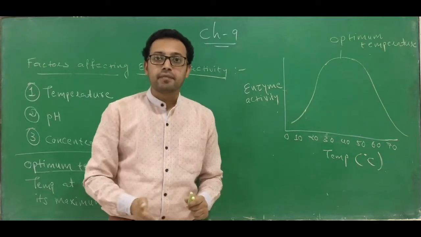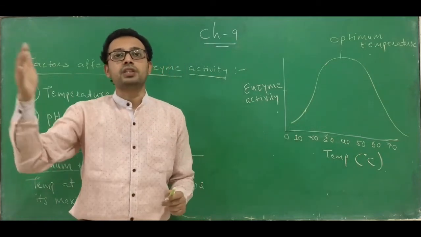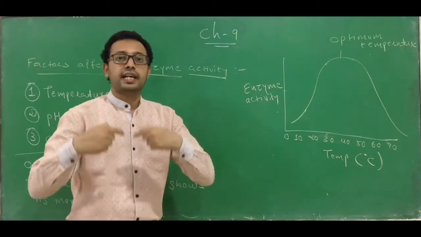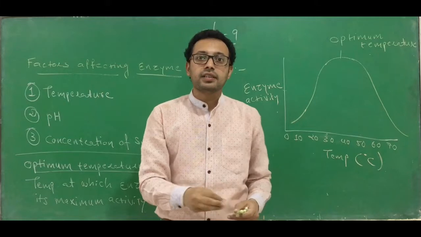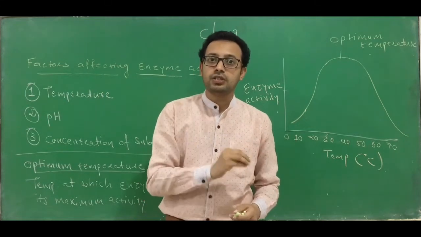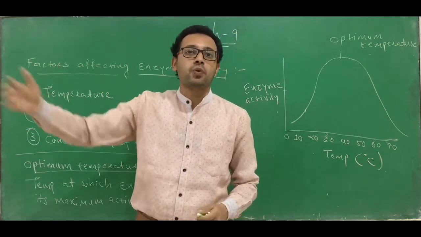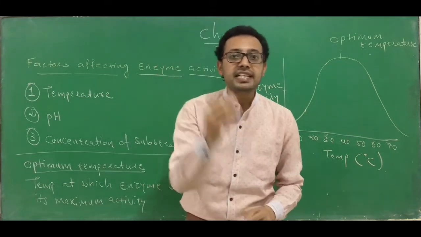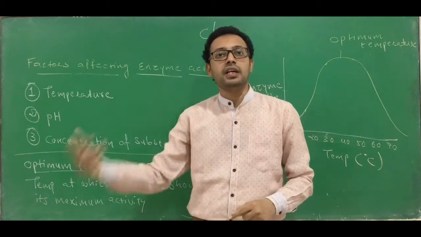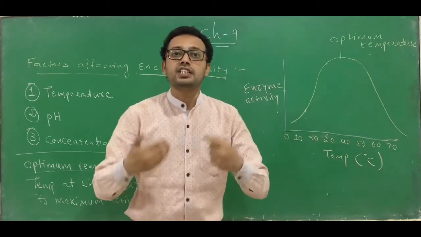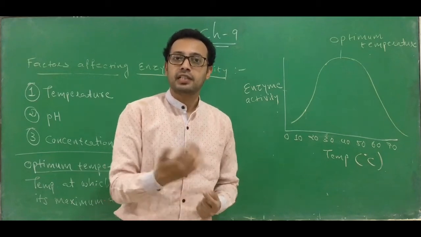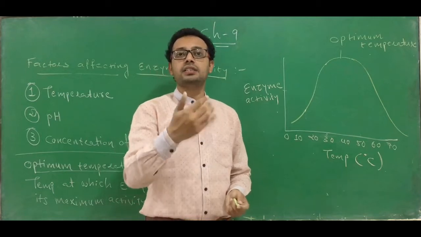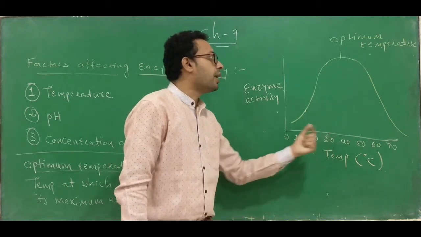I again repeat, at low temperature the enzyme becomes inactive, and at high temperature the enzyme structure gets denatured, because we have already learned in the previous sessions that at high temperature the tertiary structure of a protein gets denatured, degraded. Once the structure of the enzyme gets denatured, it is not able to perform its function. That means it cannot speed up the rate of reaction, or increase the velocity of reaction. That is going to happen.